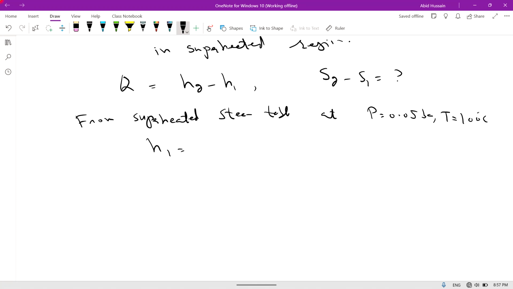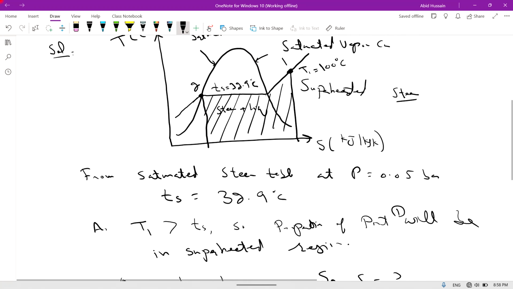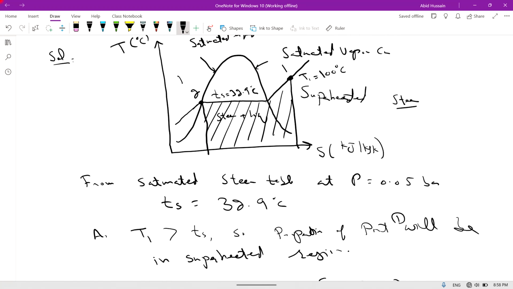H1 is equal to 2688 kilojoule per kg and S1 is equal to 8.768 kilojoule per kilogram per Kelvin. And now we find H2 and S2. H2 and S2 are on the saturated liquid line here. So at this point H2 is equal to Hf and S2 is equal to Sf.